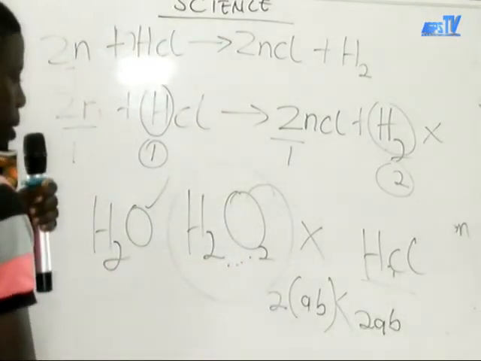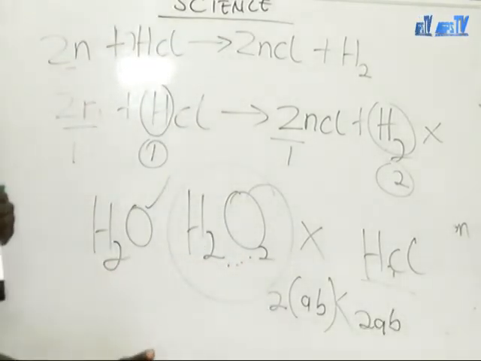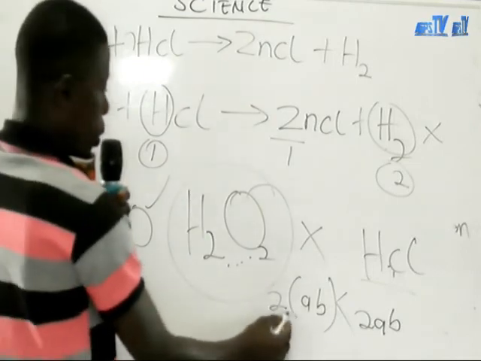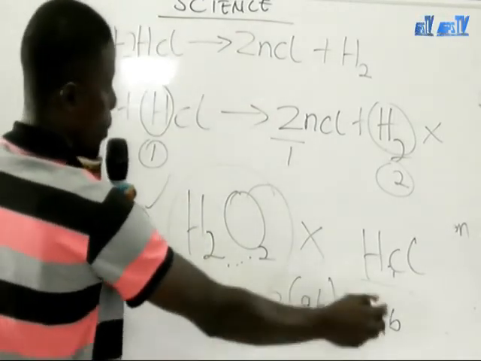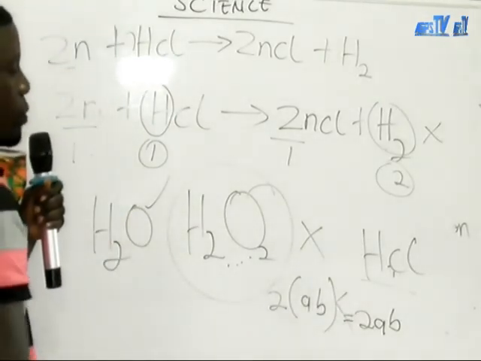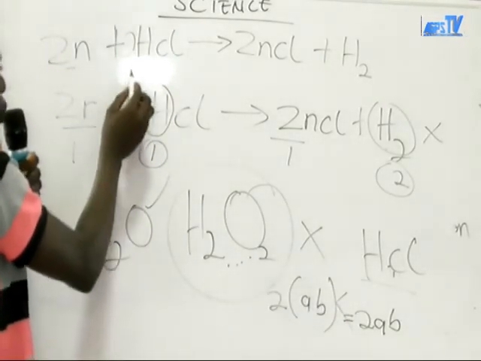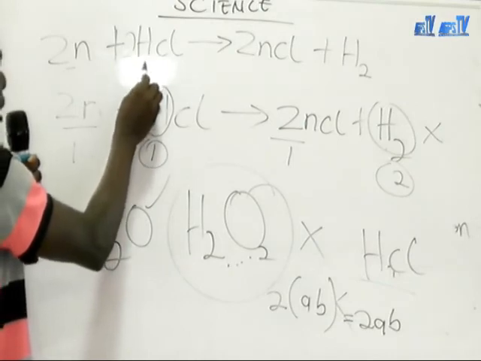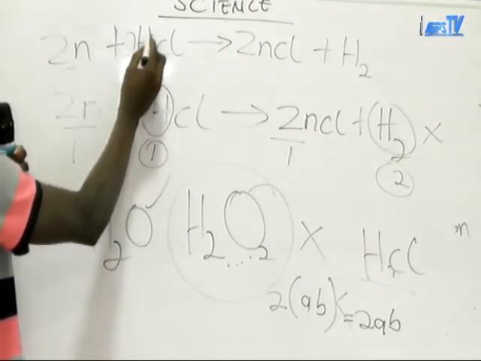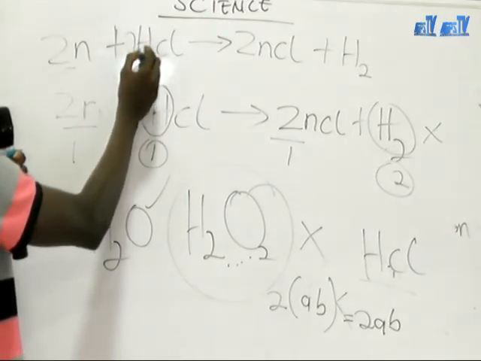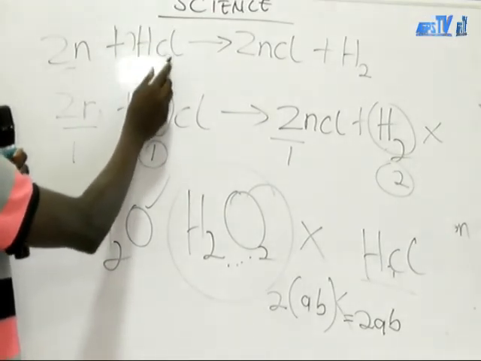It does not make any difference. I want you to understand, that is why I'm giving you more examples. So here the 2 is multiplying the H and it is multiplying the chlorine. Here we have 2 atoms of chlorine and 2 atoms of hydrogen, so we have to get to 2 atoms of chlorine on the other side.